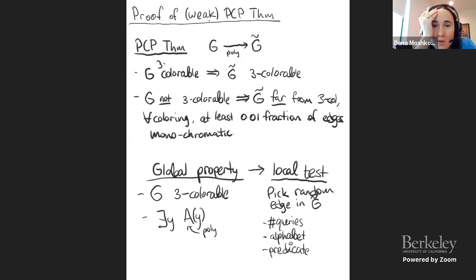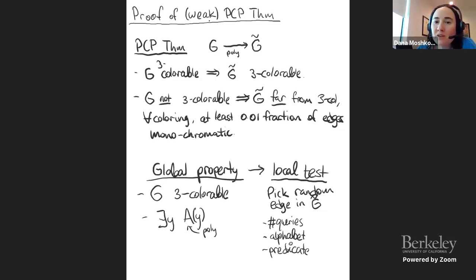Okay, so let me see what new questions I got. Are the monochromatic edges in G tilde evenly distributed among the edges of the graph? So what I told you, it's a 0.01 fraction, right? So you pick a uniform edge, and you have this constant probability to get it. Yeah, and you can prove all kinds of theorems, you can do all kinds of transformations that ensure various even distributions of the bad edges.